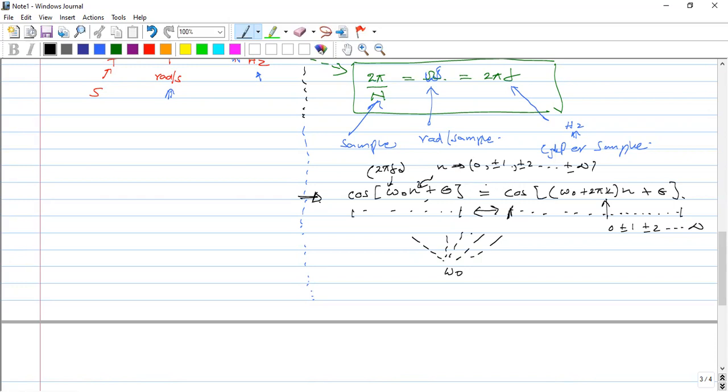You will get this condition, otherwise it is not the same. So this is satisfied when n is an integer value, and it is only in the discrete case, not in the continuous case.